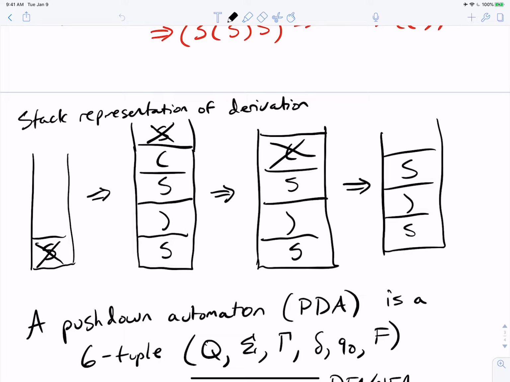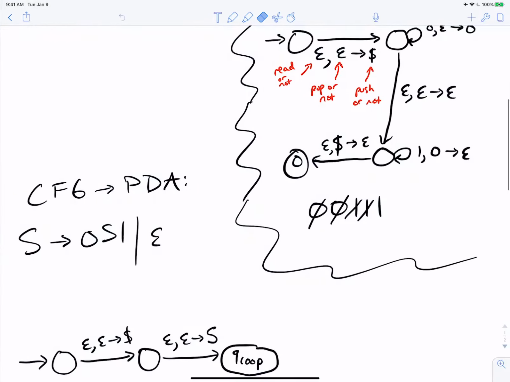The derivation is producing a string of terminals, and we're just eating up the characters that will never change along with the input. So if the entire derivation produces the string and we've read the whole input, then we have matched them up. So let's go back here.